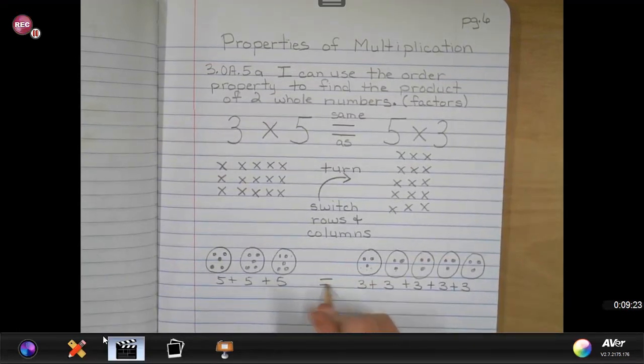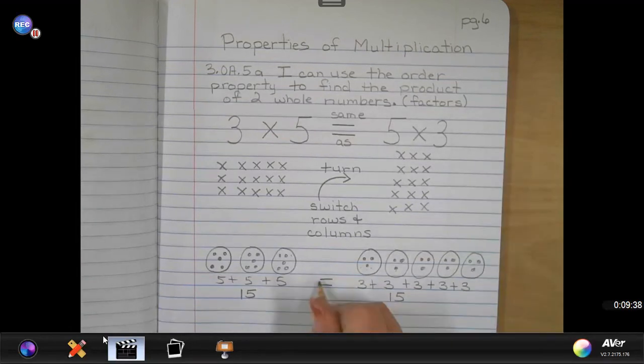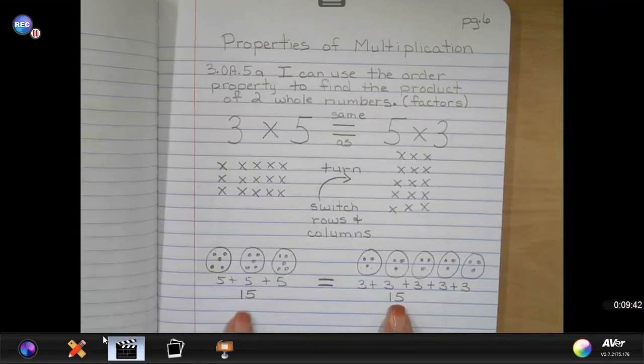So we can see these are equivalent because they still come up to be 15 as the sums. Our product here would still be 15 because we can use our evidence to prove that they are still going to be 15 total.